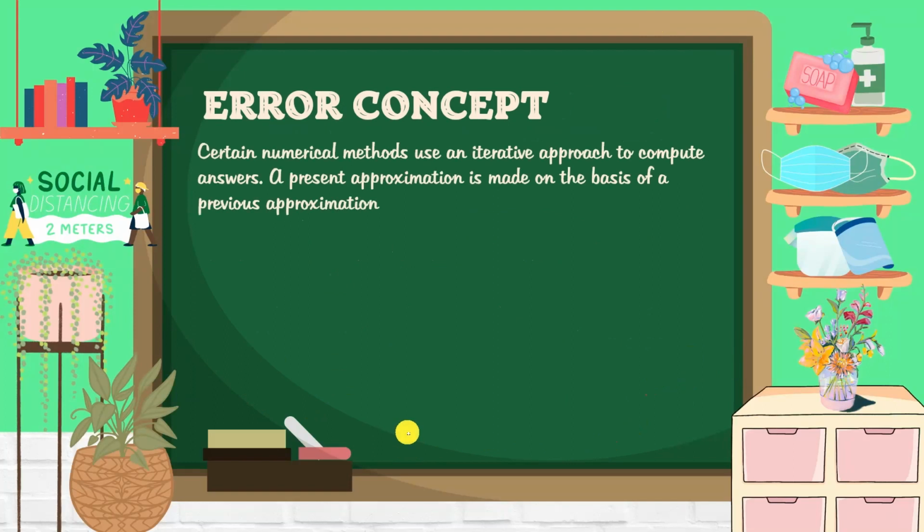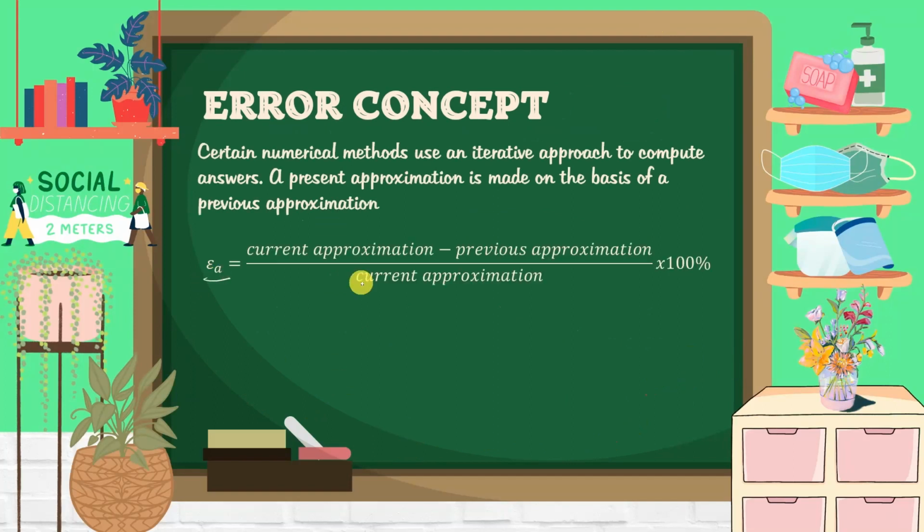For such cases, the error is often estimated as the difference between previous and current approximation. Thus, percent relative error is determined according to epsilon a equals current approximation minus previous approximation over current approximation times 100. The signs of the values of true error and percent relative error may either be positive or negative.